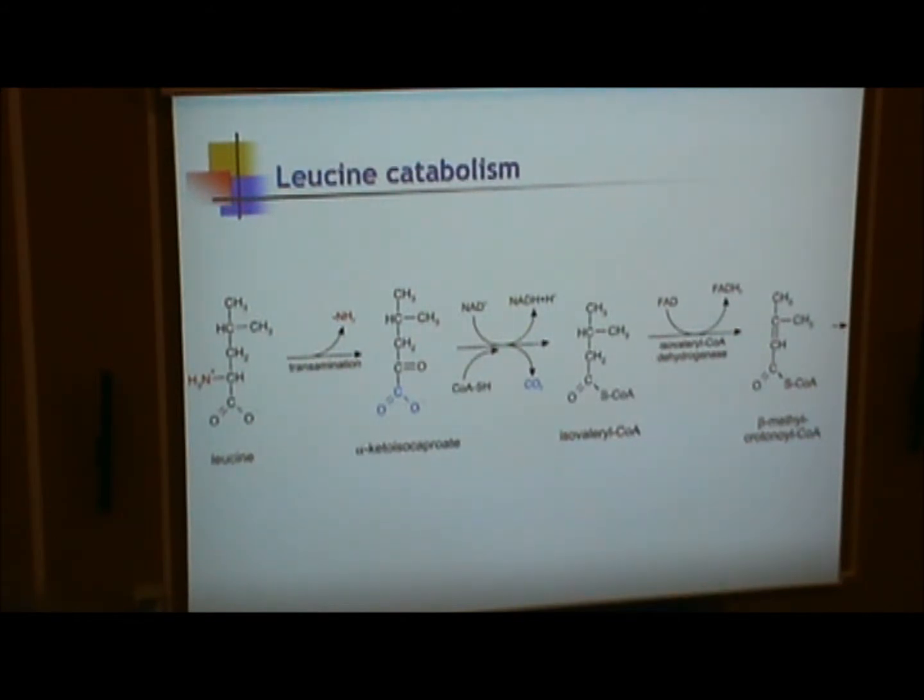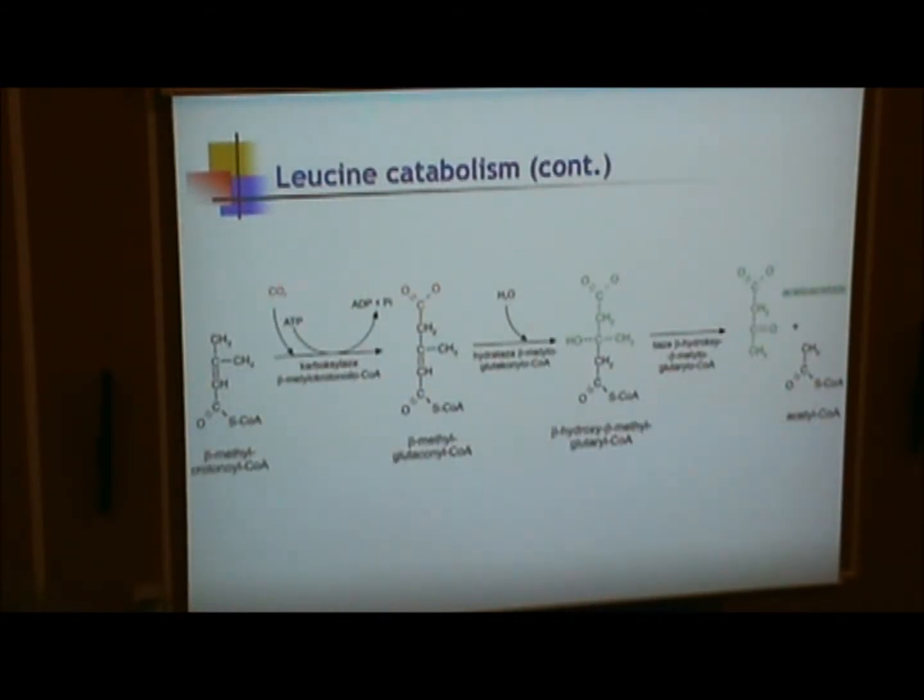Beta-methylcrotonyl coenzyme A. What happens next? In the next step, the product of the former reaction, beta-methylcrotonyl coenzyme A, is submitted to the action of beta-methylcrotonyl carboxylase.